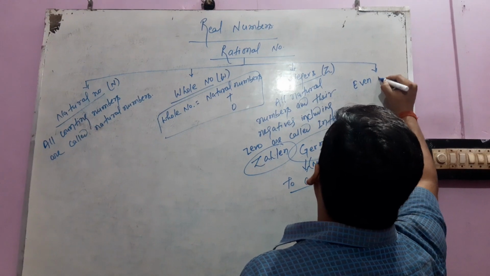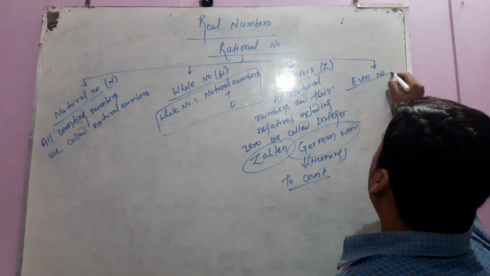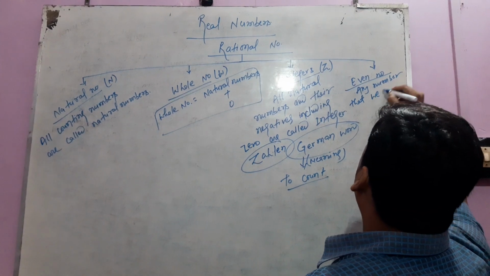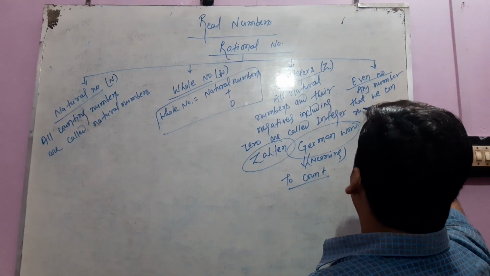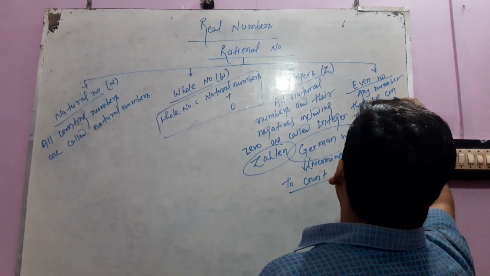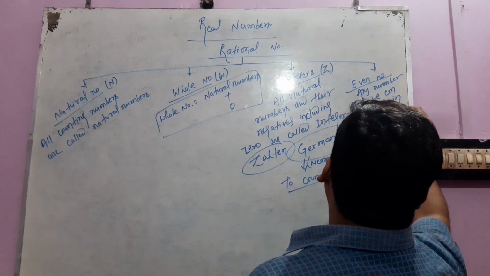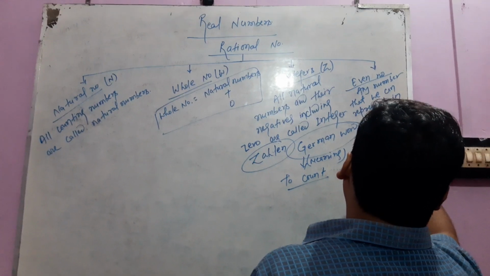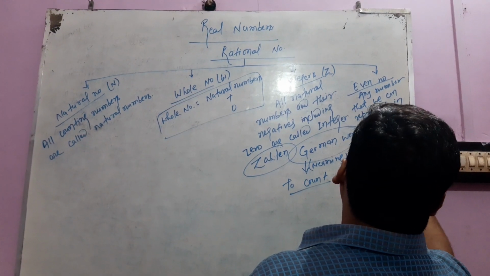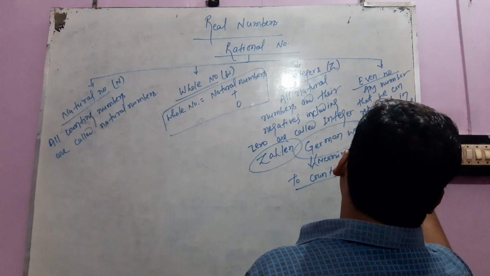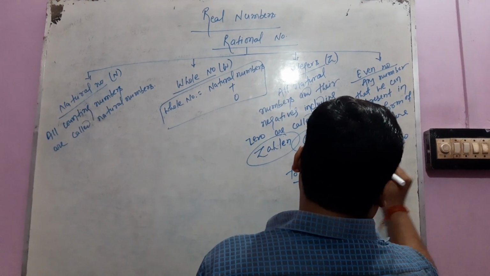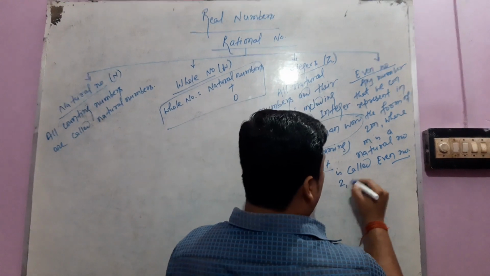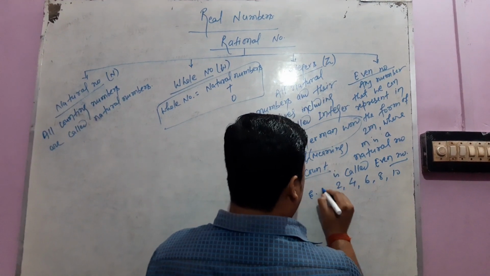Now the next part of the rational numbers is even numbers. What are even numbers?